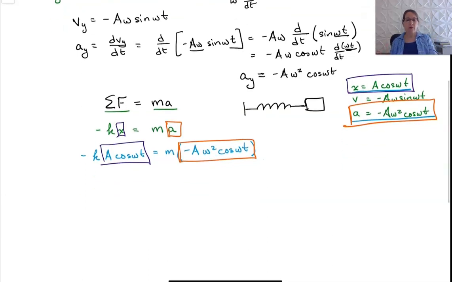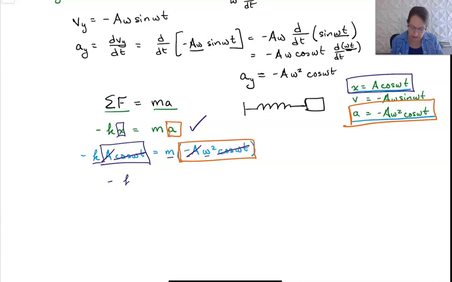And what this allows us to do is connect this omega to the spring constant. The first thing we notice is that the amplitude goes away. The amplitude just depends on how far you pull the spring down, and then this cosine omega t goes away, which is a way of saying, hey, this is a good solution to the problem, because all of a sudden these constants don't depend on time.